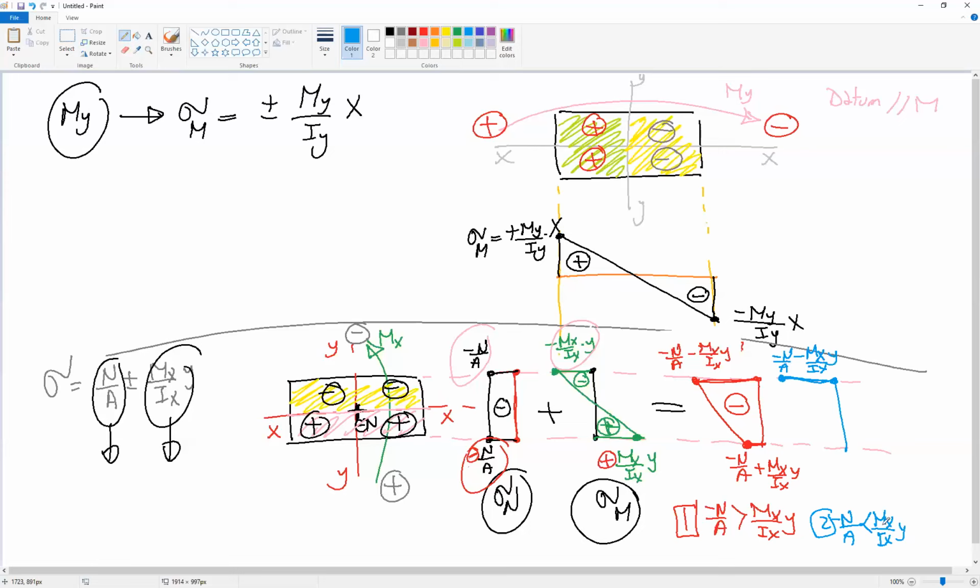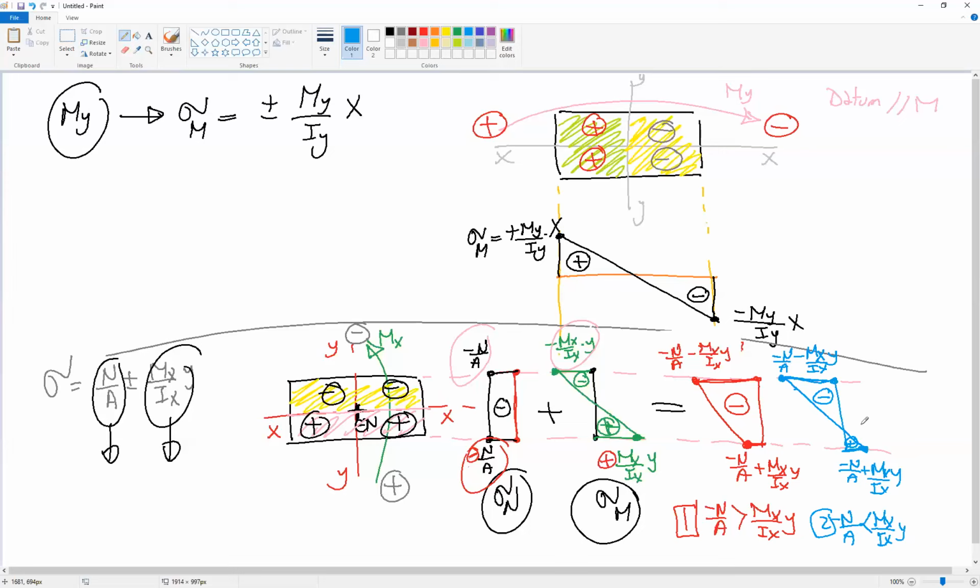But here, if the positive is greater than the negative, we will have a small positive value, negative N/A plus Mx/Ix multiplied by y, and we connect them together with a straight line. So we have compression here, and this small part is under tension. So in the first case, if the compression is greater than the tension, the whole section will be under compression. The second probability is if the positive is greater than the negative, so we will have a small positive value at the bottom side.